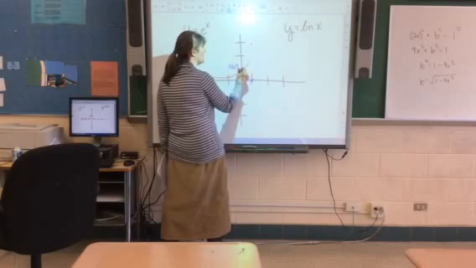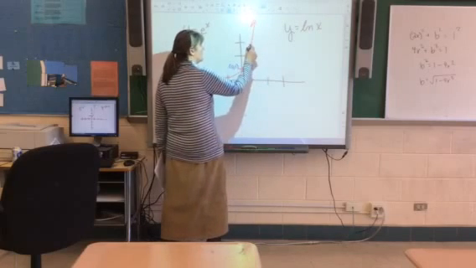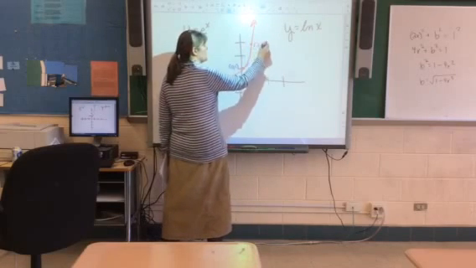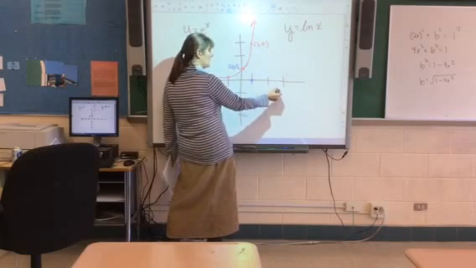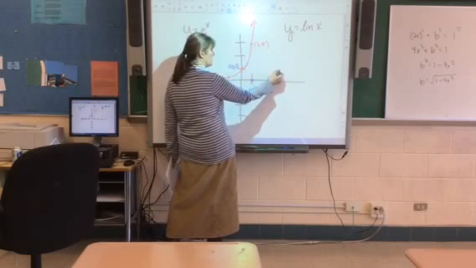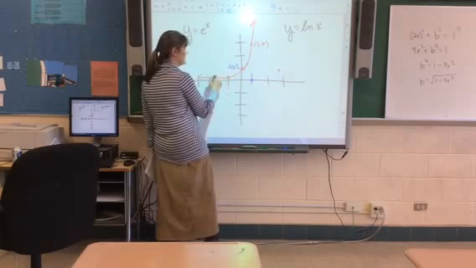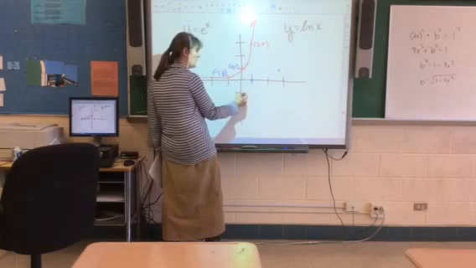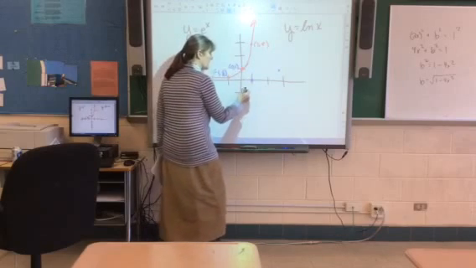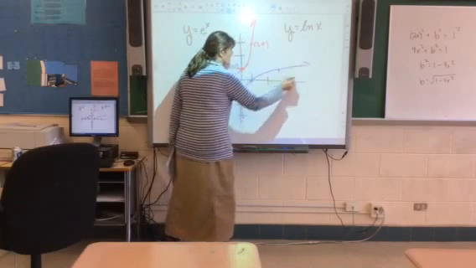So 1 comma e, that would be almost 3 and 1. This one is negative 1 and about 1/3, so we would go 1/3, negative 1. And that reminds us that that's the natural log function.